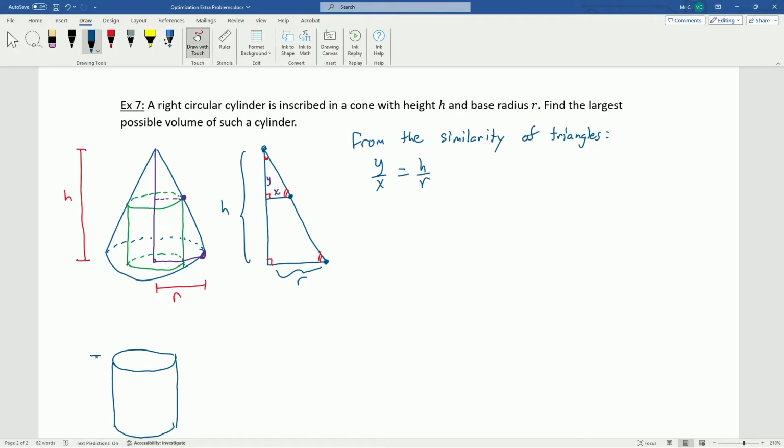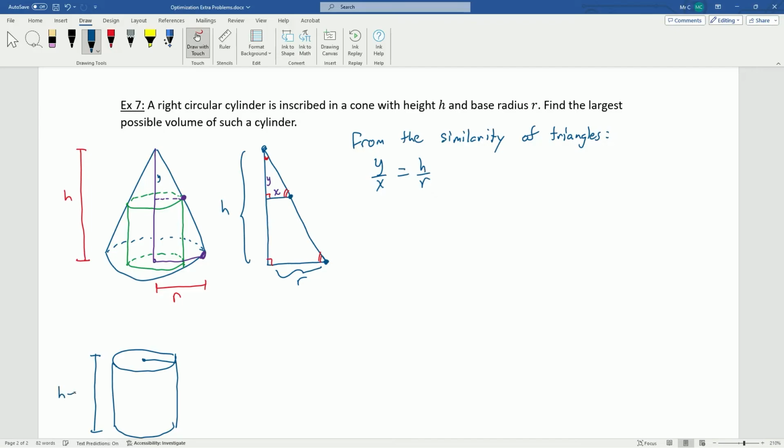So I now have to figure out how to describe the height and the radius of the cylinder in terms of y and x and h and r. If I look at the height of the cylinder, it's the height of the cone minus this little part y up here.